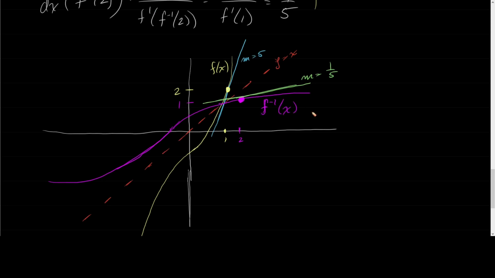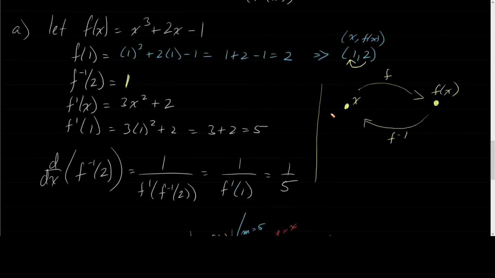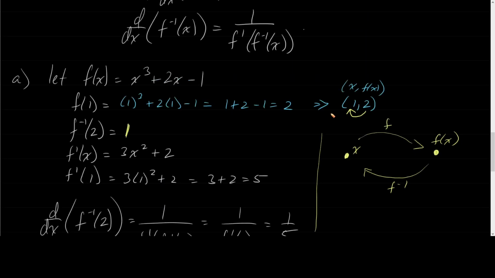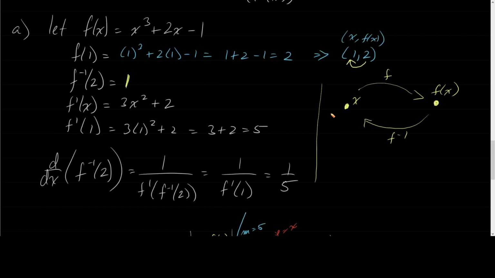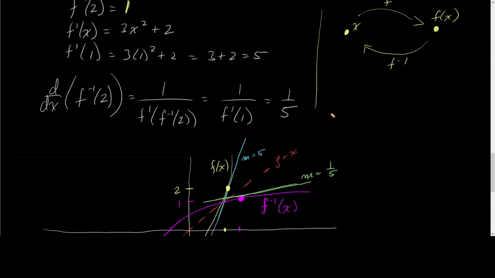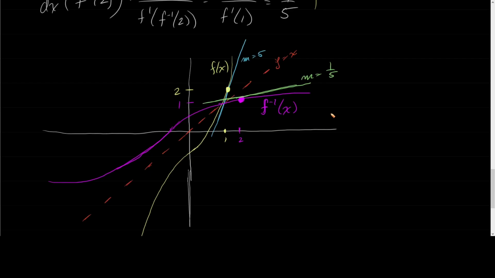But notice that I never solved for f inverse of x. We have f of x equals x cubed plus 2x minus 1, but I never solved for its inverse. All I did was use the properties there to figure out what the slope was at that point on the inverse function, but I never figured out what f inverse was.